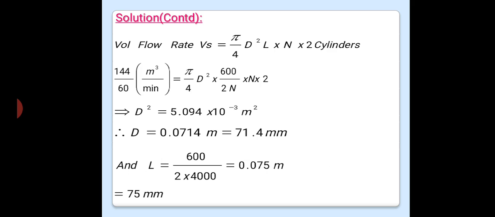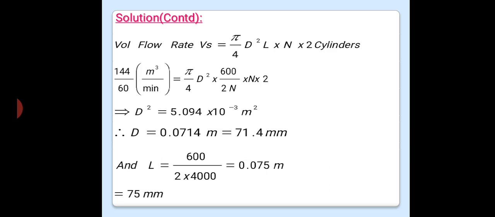So pi by 4 D square into 600 upon 2N into N into 2. So you got over here D square is equal to 5.094 into 10 raised to minus 3 meter square. So D is equal to 0.0714 meter. You are going to convert it into mm. So D is equal to 71.4 mm.